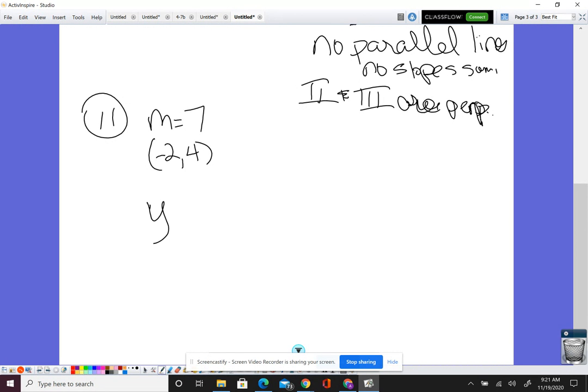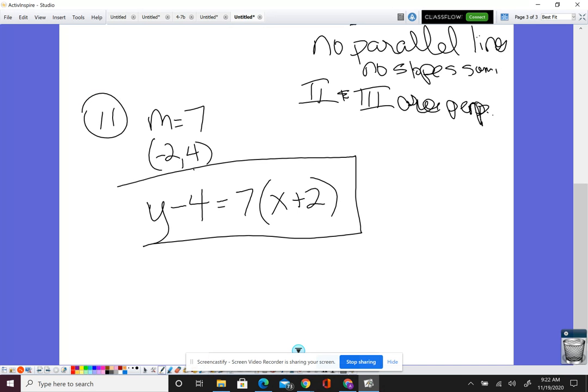So y minus our y coordinate, y minus 4, equals our slope times x minus our x coordinate. So x minus a minus 2 would be plus 2. They want it in point slope form. We have it in point slope form. So we're done.